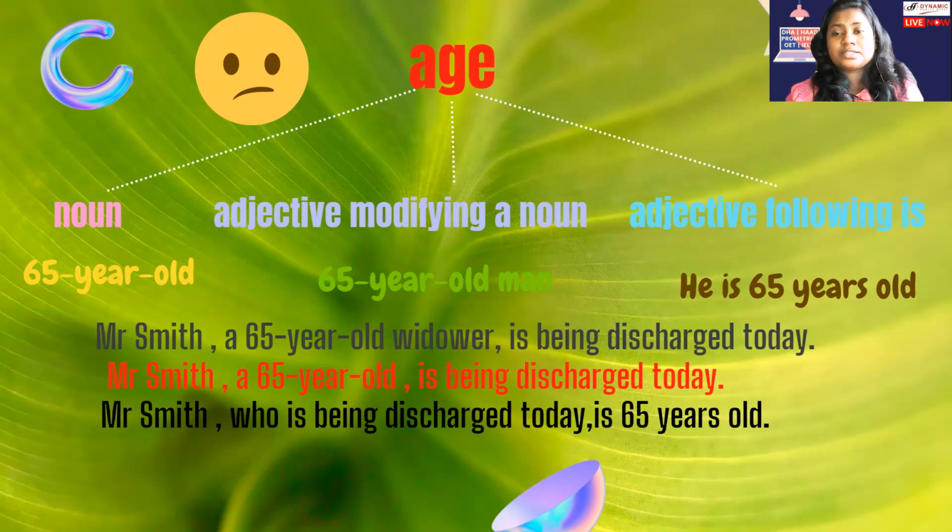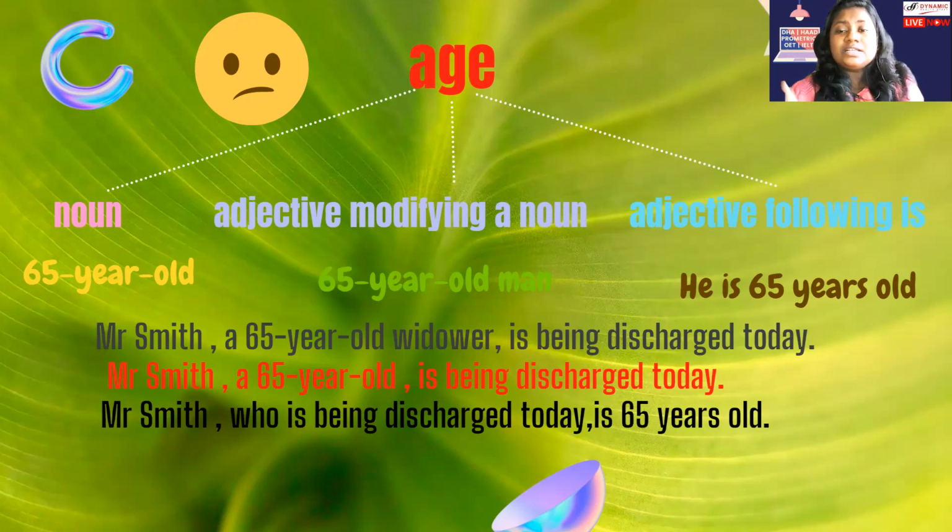Then the third representation is as an adjective following "is." After "is," it can be represented as an adjective. He is 65 years old.